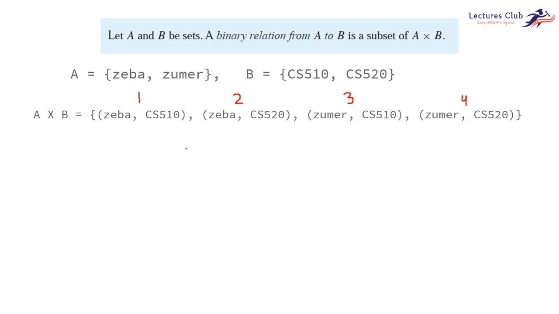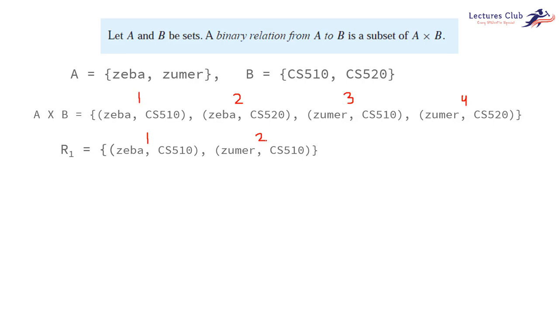Now the possibility is that Zeba is not actually registering for both courses. Let's say there is a relation R1. Zeba only enrolls in CS510 and Zumar only enrolls in CS510. Zeba enrolls in only one course and Zumar enrolls in only one course. So R1 contains two elements, Zeba CS510 and Zumar CS510.